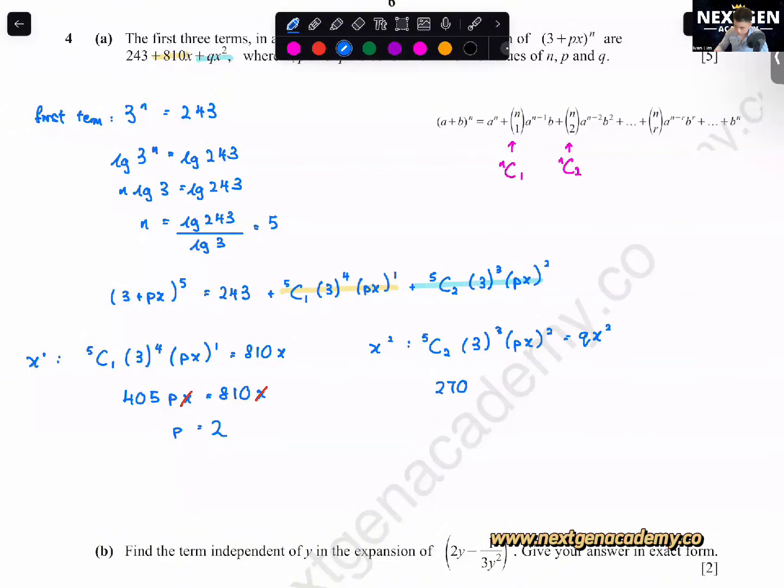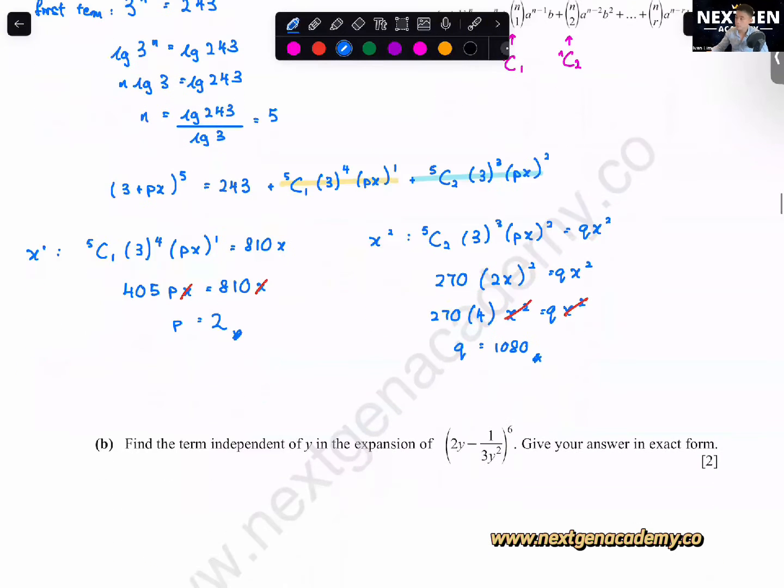Then p we got from the previous one, so this will be 2x squared equals qx squared. So you get 270 times 2 x squared equals qx squared. x squared cancels. q is 270 times 4, which is 1080. These are your two values.